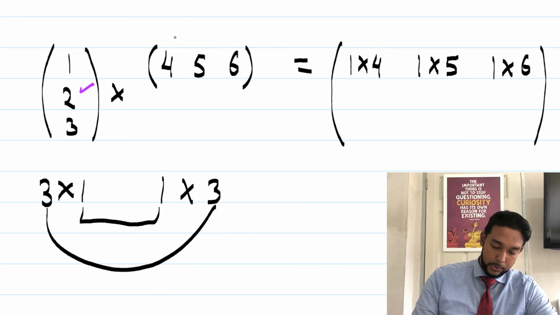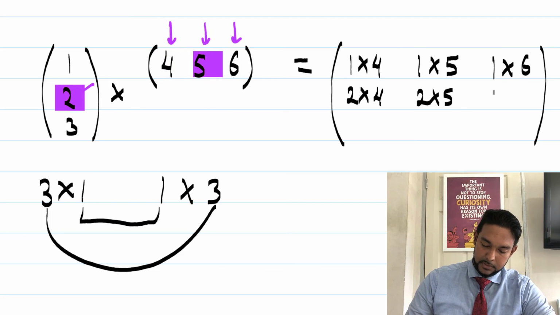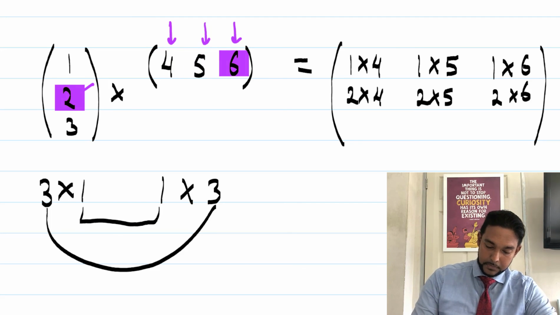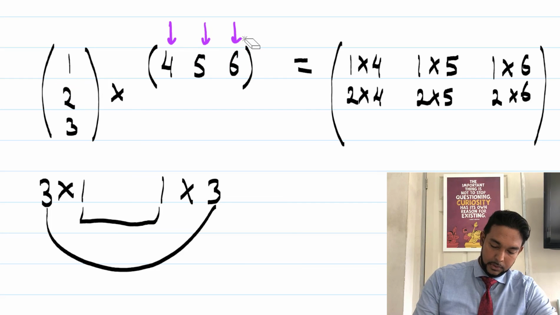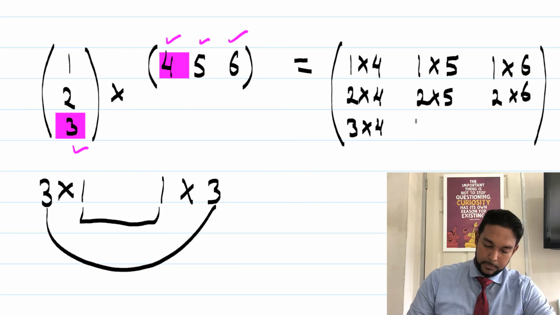So this row will be multiplied by this column, then this column, then this column. So we're going to get 2 by 4, 2 by 5, and 2 by 6. And of course, finally, we're going to have one more row, which is the 3 multiplied by each of these columns. So we're going to do 3 by 4, 3 by 5, and then 3 by 6.